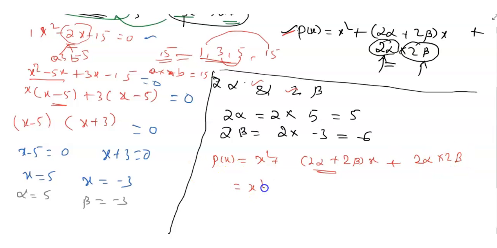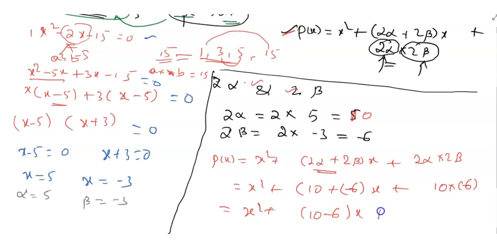Okay, x square plus, what is 2 alpha here? 2 into 5 is 10. What is 2 beta? Minus 6, so minus 6x, plus 10 into minus 6. Now you can write x square plus, here 10 plus minus 6, plus 10 into minus 6 is minus 60.